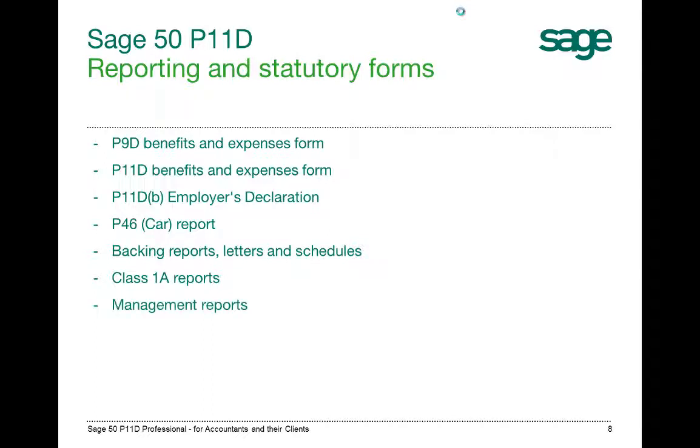We've also got additional backing reports for each benefit type, grouping the employees by department, analysing the cost, amount made good and the chargeable benefit. And to run a number of reports at the same time, you can actually use the Report Selections tool to group together batches of reports.